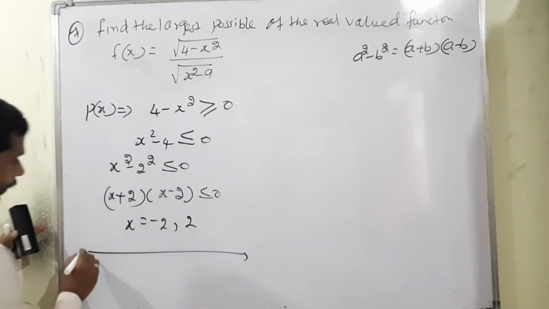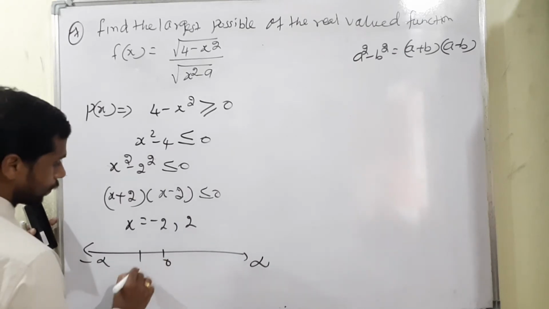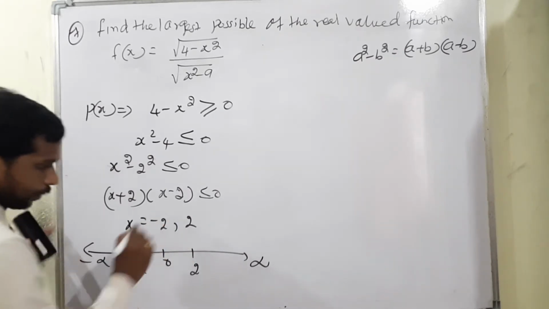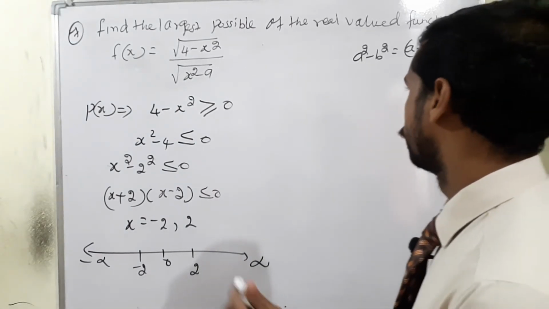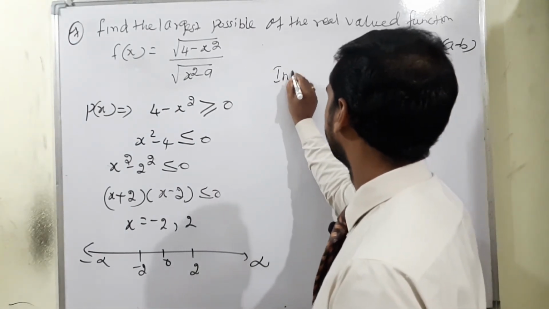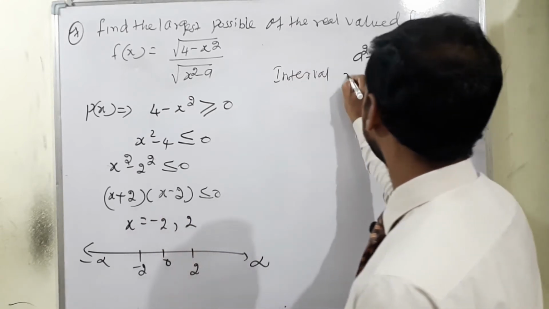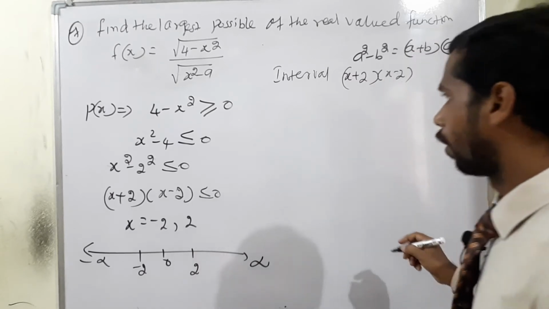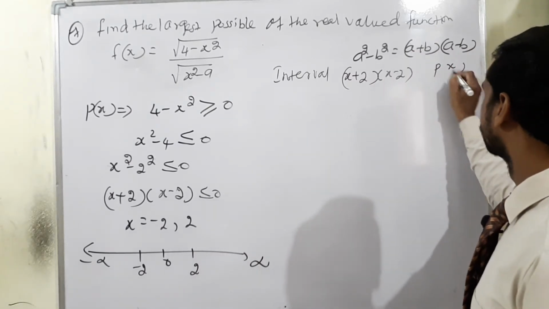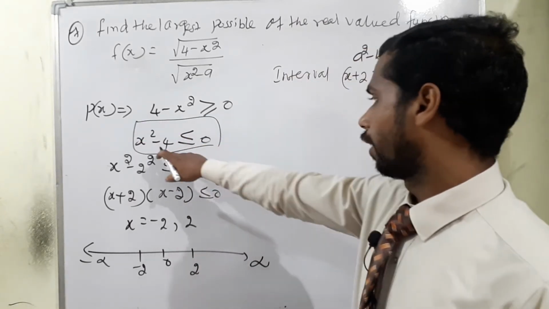Take it on the number line, minus infinity to positive infinity, center 0, minus 2 to positive 2. Just arrange the terms, first interval, then the condition x plus 2 into x minus 2. Now the last one is the output, p of x. But p of x considers this value. Why? The starting x square only we have taken, isn't it?